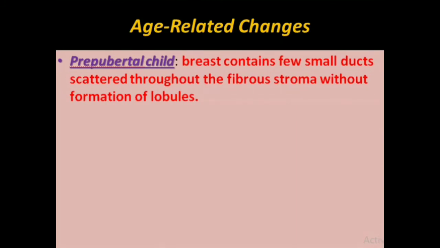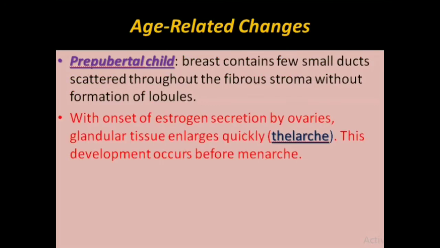Age-related changes. In a pre-pubertal child, the breast contains few small ducts scattered throughout the fibrous stroma without formation of lobules. With the onset of estrogen secretion by the ovaries, glandular tissue enlarges quickly, and this is called thelarche.